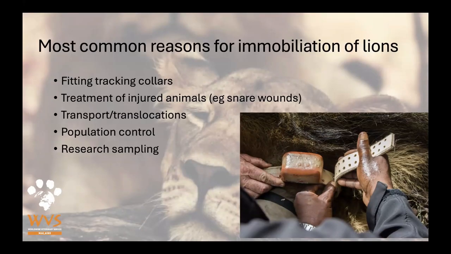So it's important to be able to transport them. Translocations to other reserves is another reason to immobilize them. Population control, I will talk a little bit about that later, why that might be necessary, and the options that we have for lions in that.